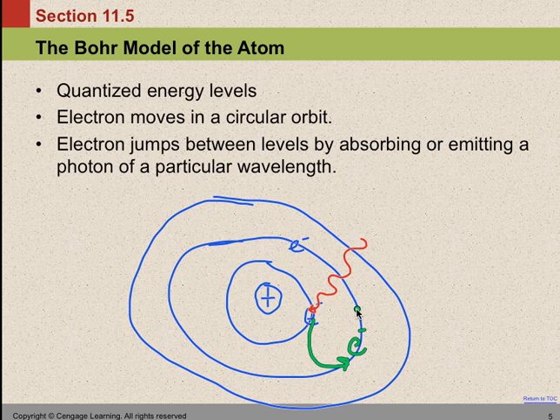Now, if you remember from class, the electron rules, electrons like to be at the lowest energy level. So what that electron does is it, in turn, shoots off a little photon of energy and jumps back down to where it wants to be at the lower energy level.